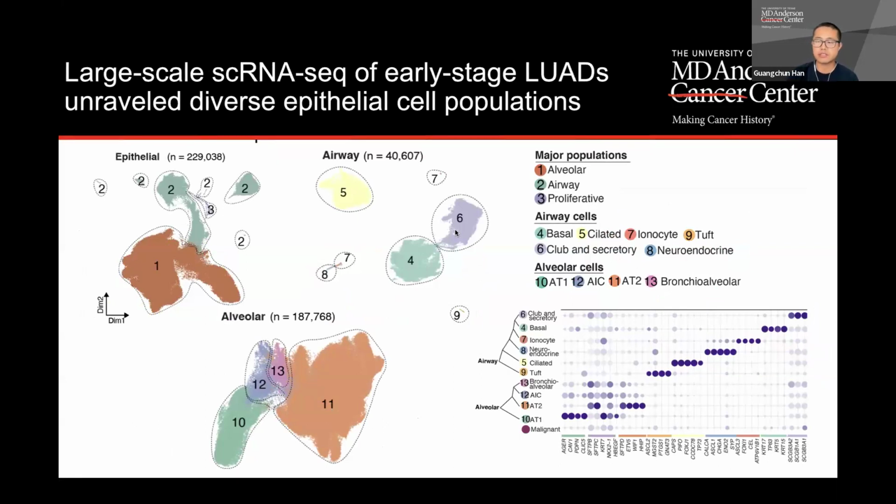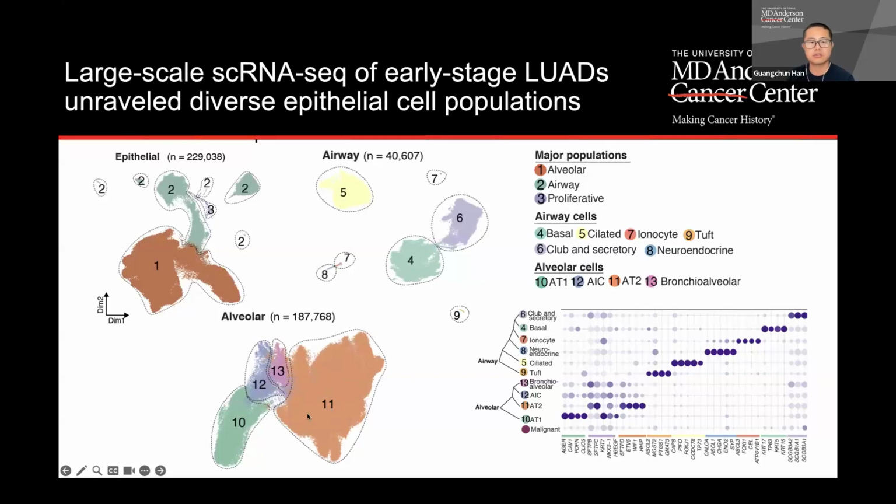As you can see on this slide, the majority of the epithelial cells were alveolar cells. Within the alveolar cells, we have four subpopulations, shown here using numbers. We have alveolar type 1 cells and alveolar type 2 cells, the two most abundant cell types.